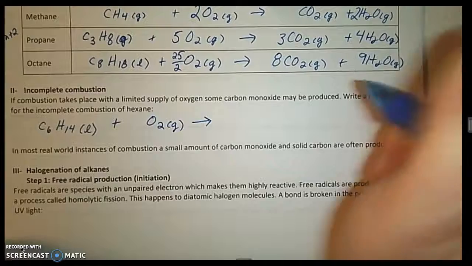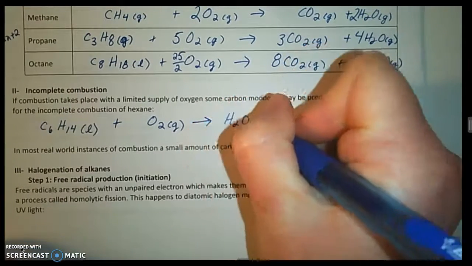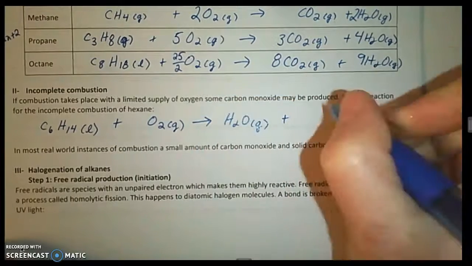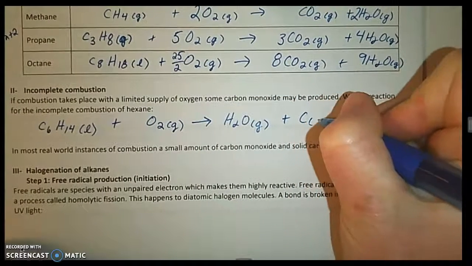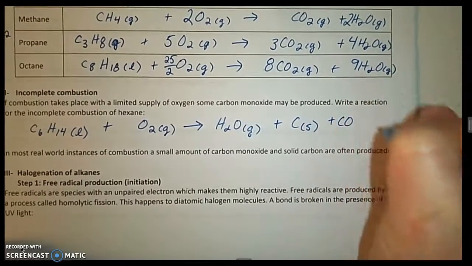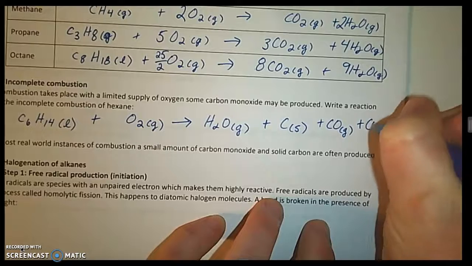We're still going to convert all of our hydrogen to water, but instead of making only carbon dioxide, we're going to make a combination of carbon solid, carbon monoxide, and carbon dioxide.